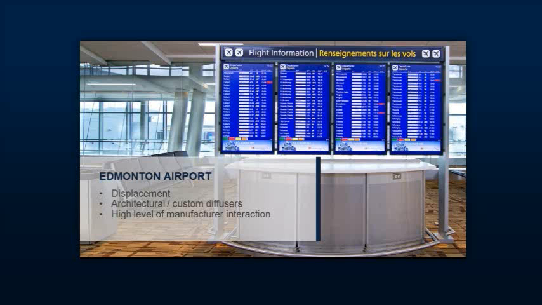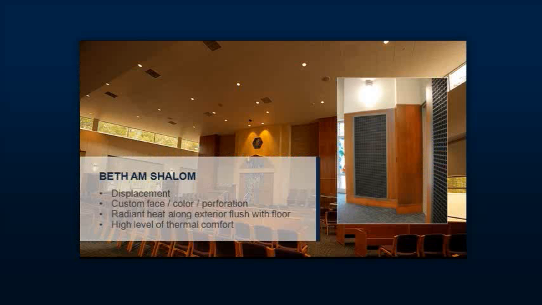One really cool application that shows probably one of the highest levels of integration that we've been involved in is the Edmonton Airport. Now, this is in numerous cases through the building incorporated into visual parts of the building, such as this flight information board.